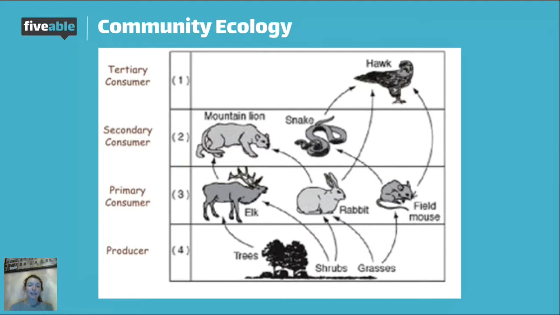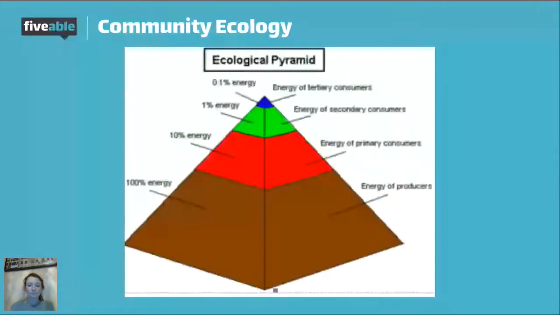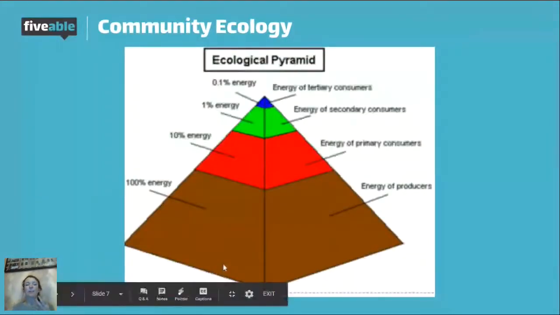Okay, so speaking of that energy business, this is a pyramid just supposed to be a little representation of how energy transfers and does not transfer between trophic levels. So you'll notice here that producers, if we say they start with 100% of the energy, the primary consumers that eat them get 10% of that energy, okay? And then the secondary consumers that eat the primary consumers get 1% of that energy.